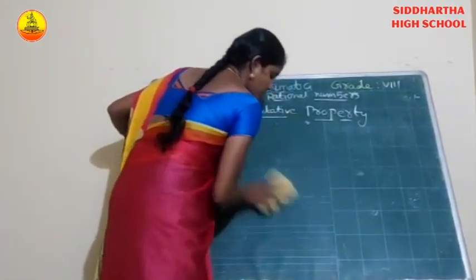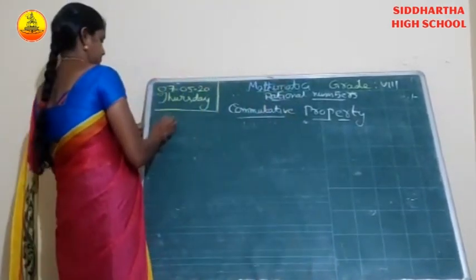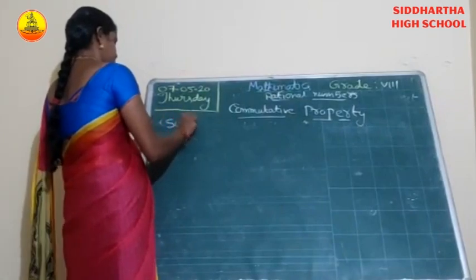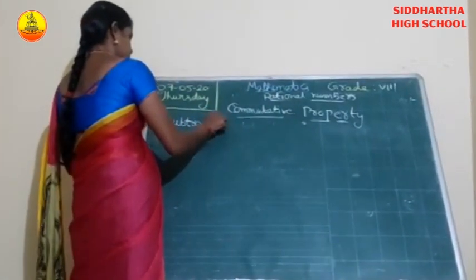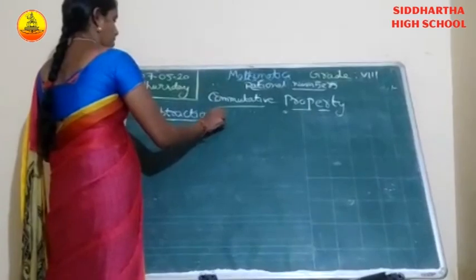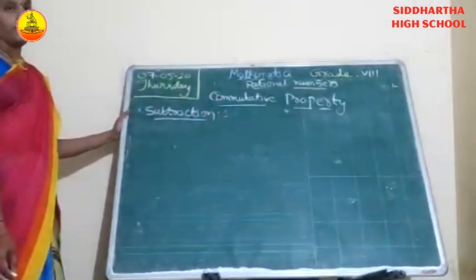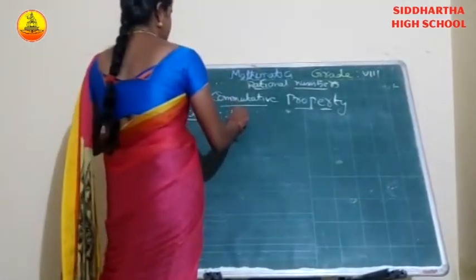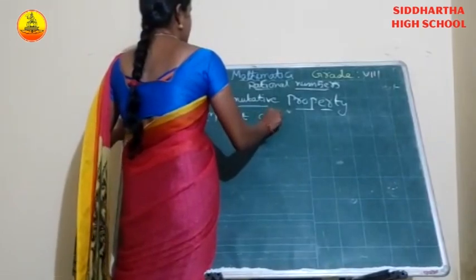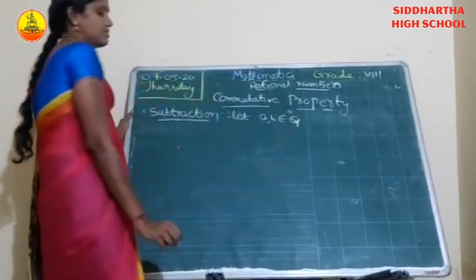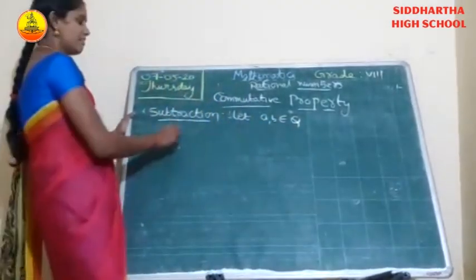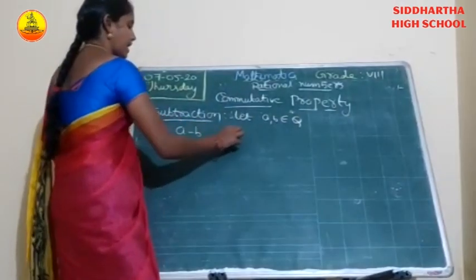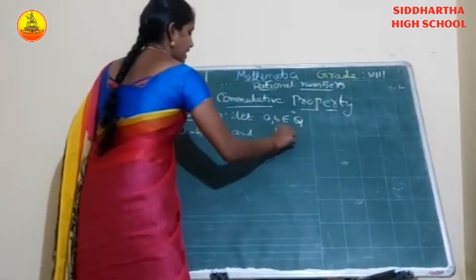Now commutative property under subtraction. In the same way, let A comma B be any two rational numbers. You check whether A minus B and B minus A are equal or not.